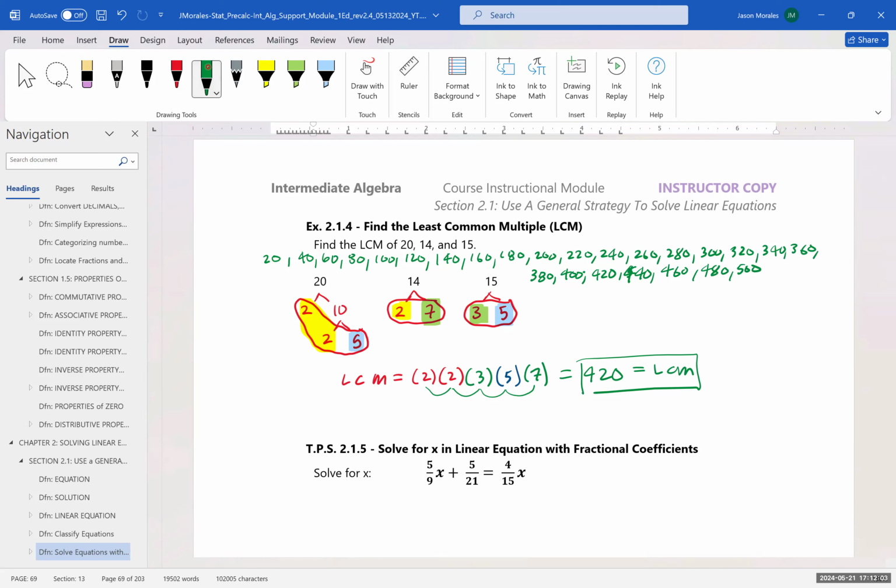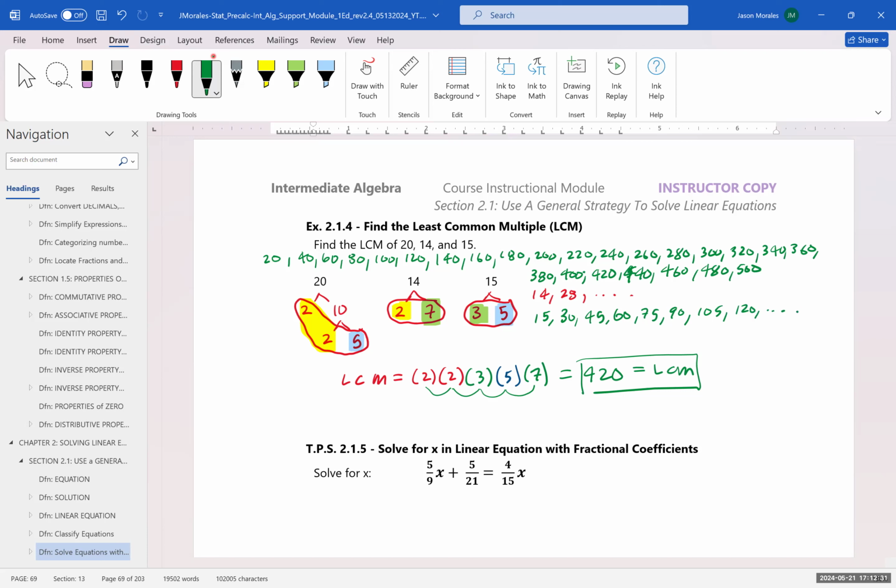And now you have to do the same thing with 14. Actually, I would need a calculator to keep doing multiples of 14. And then you need to do 15. And so on.